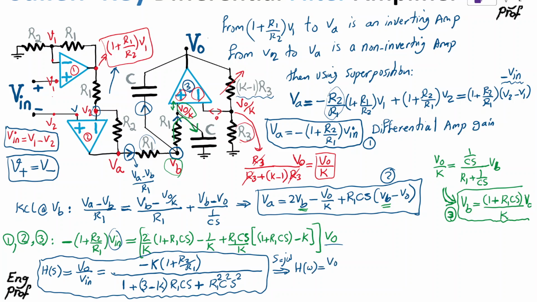So it becomes V out over V in, and if we do that, you can see that the transfer function becomes negative K, so negative K times (1 plus R2 over R1) in the numerator, and then in the denominator I have 1 plus, this portion becomes negative, so 1 minus R1 squared C squared omega squared, and the other part is plus j (3 minus K) R1 C omega.